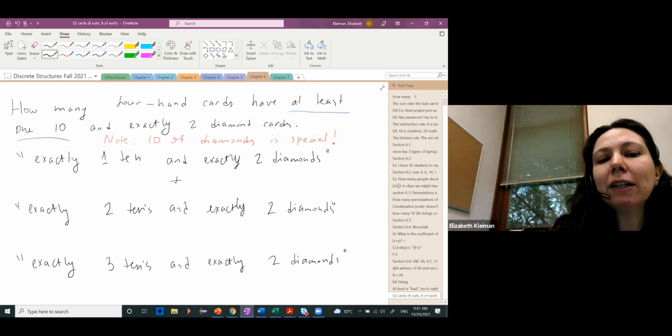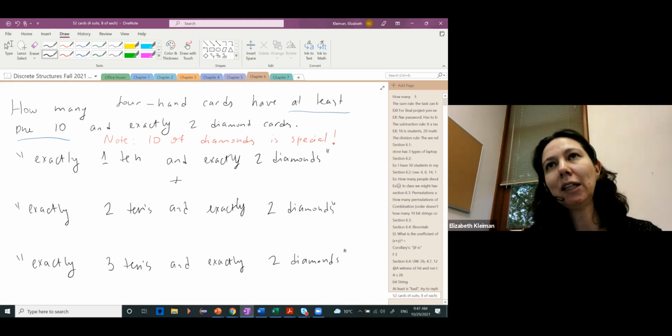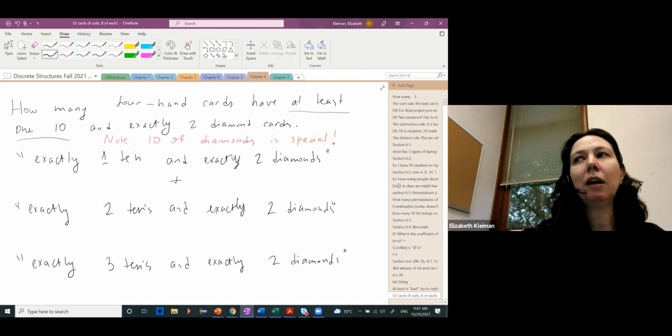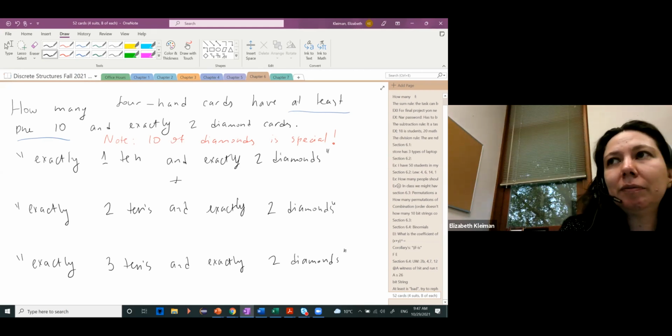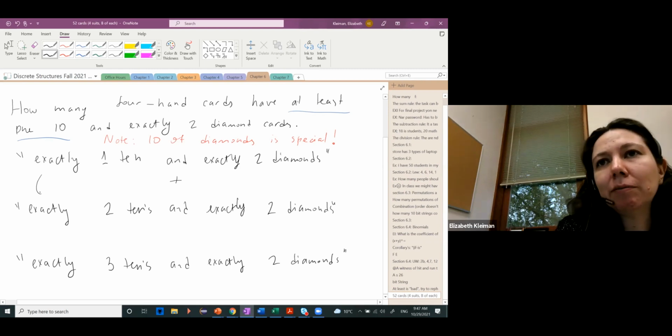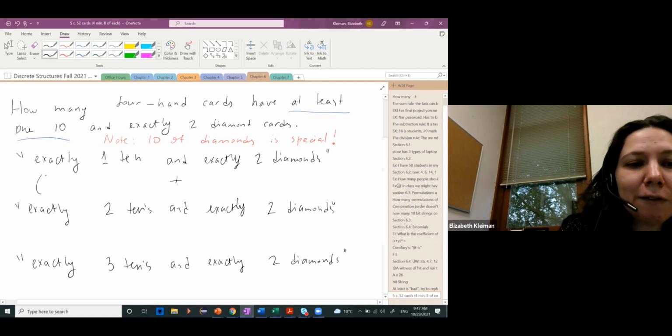So how can I get exactly 1 10 and exactly 2 diamonds and not use 10 of diamonds at all? How many possible 10s do I have? If 10 of diamonds is impossible, I only have 3, correct?